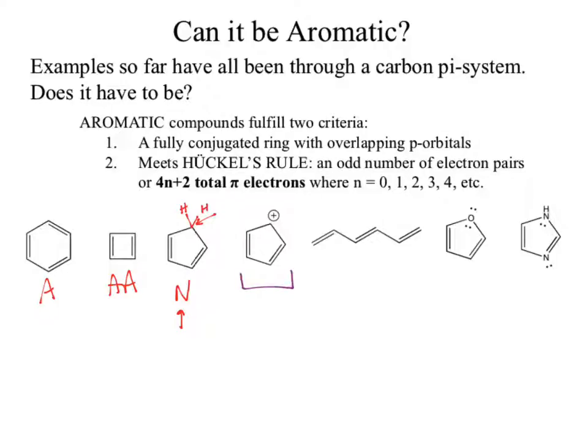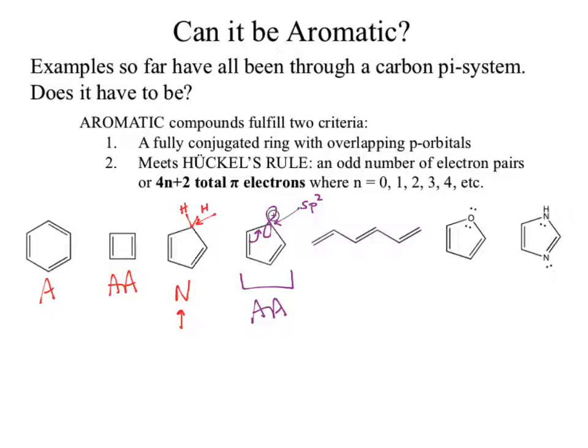Non-aromatic. This one's now anti. Why is this one anti and not non? The hybridization of that carbocation. Look at the hybridization of that atom now. It's sp2, which means there's a p orbital there. And what could I put in that p orbital? I can put pi electrons. I can do resonance through that by dumping pi electrons in, which then means I do have a fully conjugated ring with overlapping p orbitals.